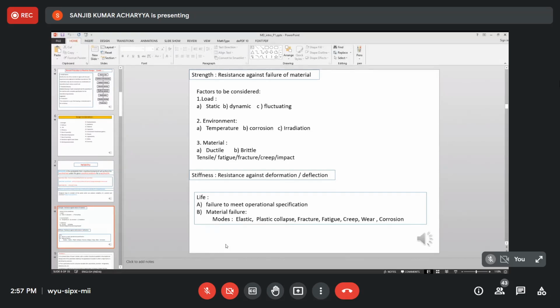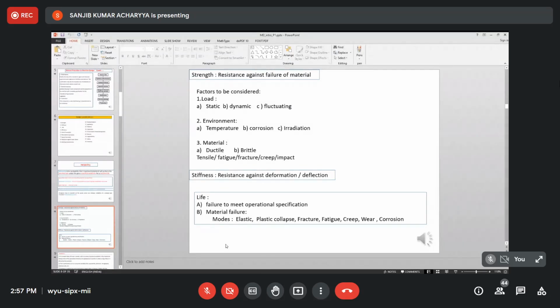Another important consideration is life. From the specification of the product regarding life, there should be some indication. Sometimes it may happen that the component will not rupture or fracture, but the service or operational specification given for the product is not satisfied.